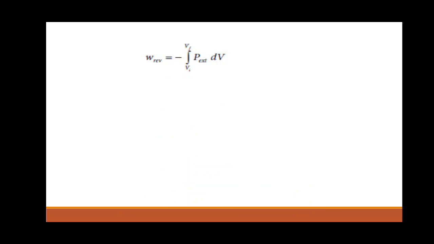Suppose the work is reversible. So what is the sign in the reversible work? The reversible process work equal to negative integral, the limit Vi and Vf, initial and final volume, external pressure multiplied with the change in volume, P dV. In a compression process, external pressure is always greater than the pressure of the system.